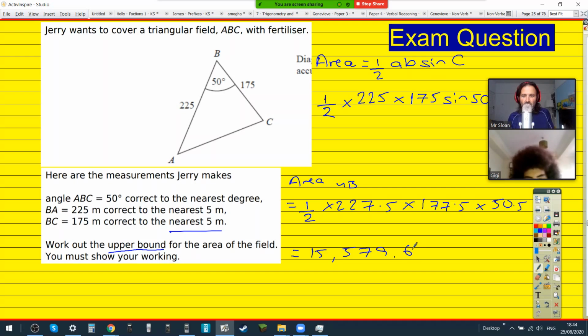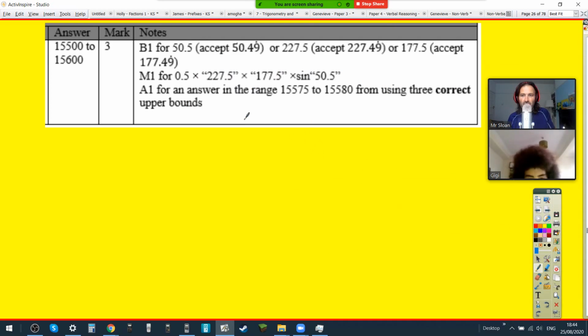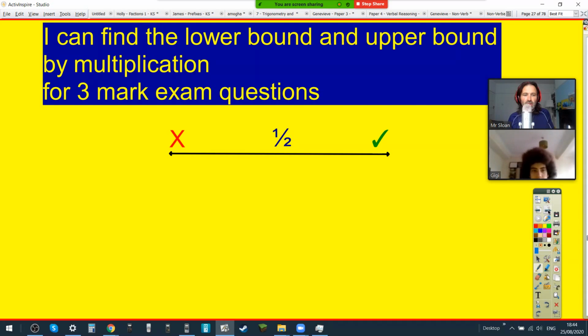That is meters squared because it's area. So anything between 15,500. Okay, great. And so a half times 227.5 times 177.5 times sine 50.5. Great. Any questions about that one? No. So they want upper bound. Okay, that stuff, I'd say tick.